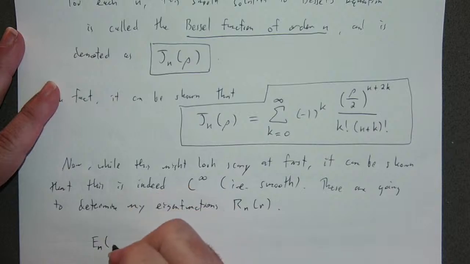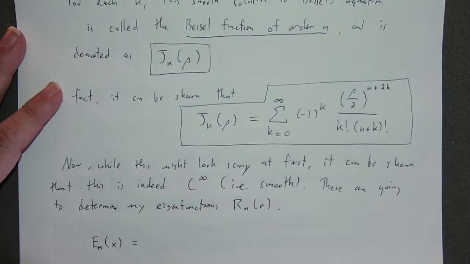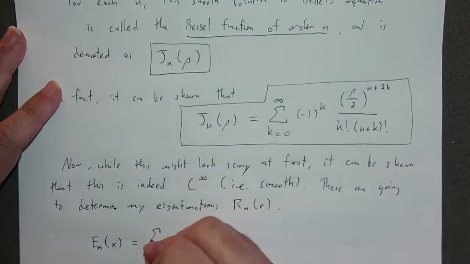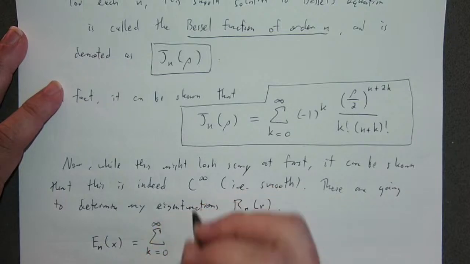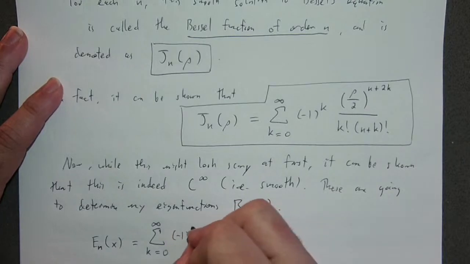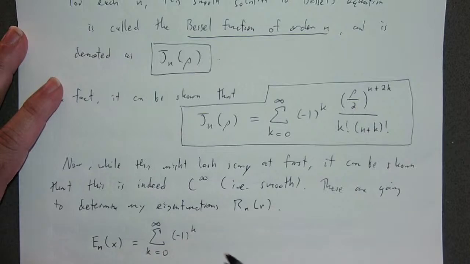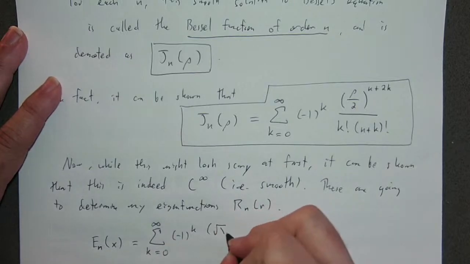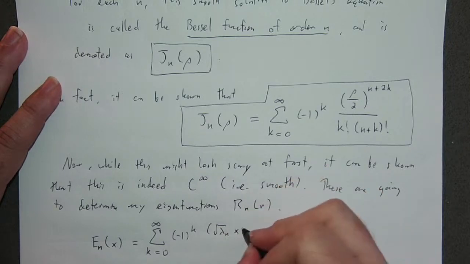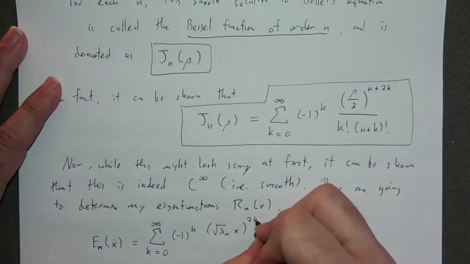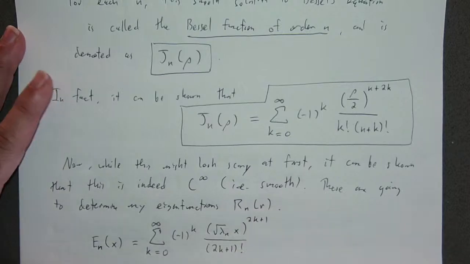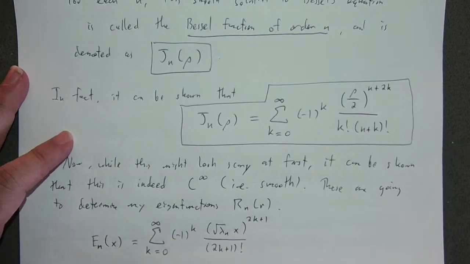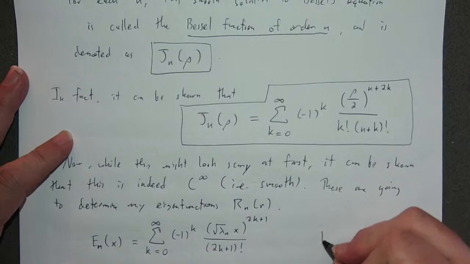What if I gave you an e sub n of x and said my eigenfunction is the sum from k equals 0 to infinity of minus 1 to the k times square root of lambda sub n times x to the 2k plus 1 all over 2k plus 1 factorial? What if I gave you an eigenfunction that looked like that?